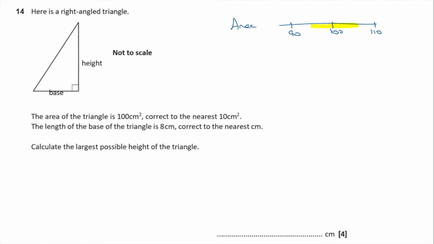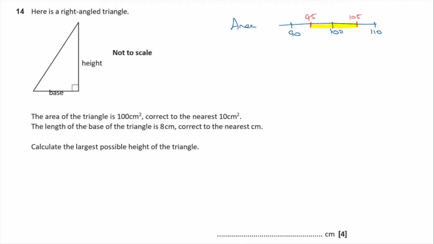So what is halfway between 90 and 100? That's 95. So anything above 95 and below halfway between 100 and 110, what's that, 105, they're going to round to 100. Now obviously 105 actually rounds up to 110, but it's still the boundary and we still use it as the upper bound.